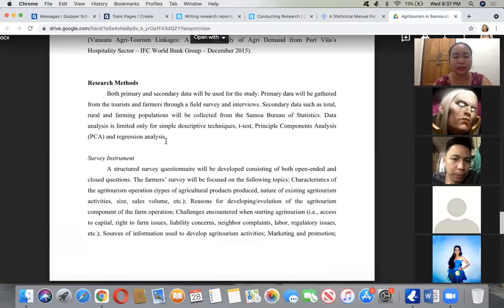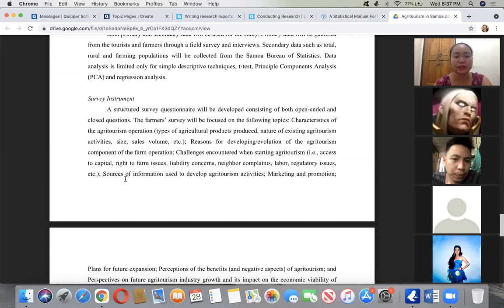in the survey instrument, it states here a structured survey questionnaire. It is structured because there is also open, since the questions are limited.